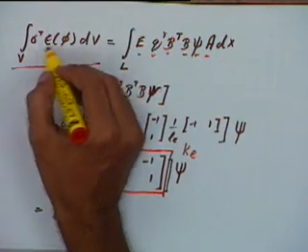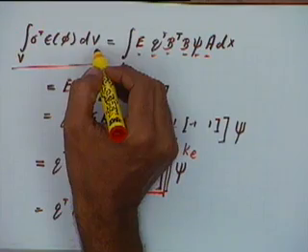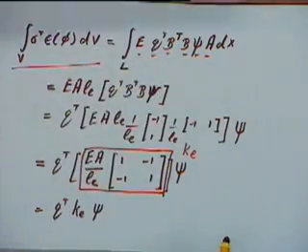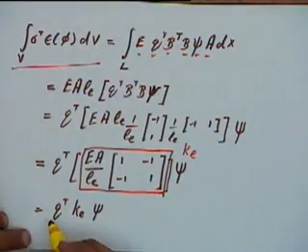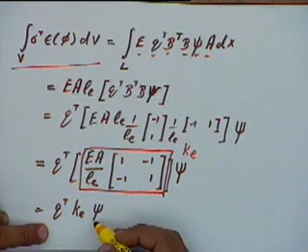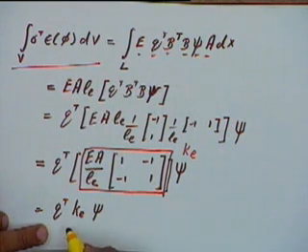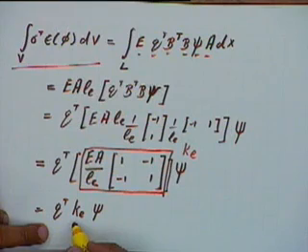The product of the two integrated over the volume will give me the work done. So this internal work done is equal to Q transpose Ke into psi. This is the internal work done within the element. Any questions up to this point?